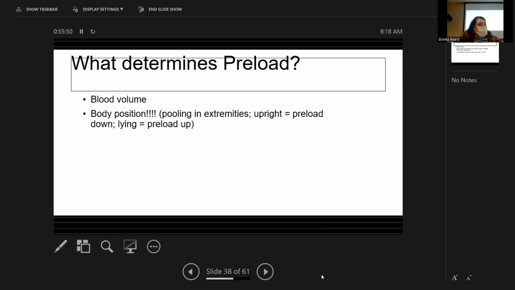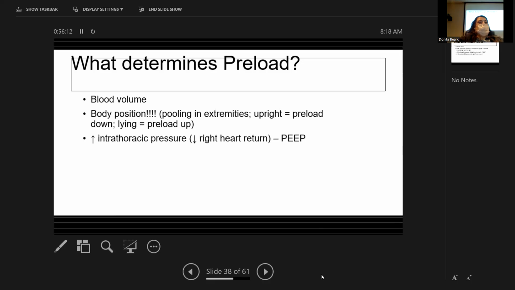If they're fighting against gravity, then things are going to pull. That's why patients get a lot of edema in their legs too, because they have a lot of pulling of blood in their feet. And so you can increase their preload back to the heart, basically increase venous return, by lifting their legs up.